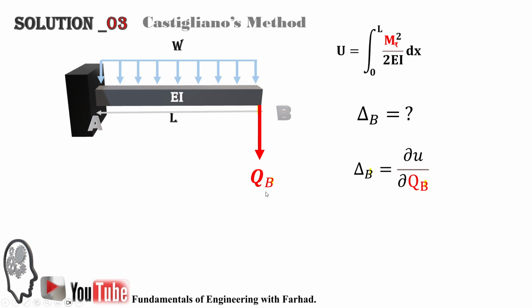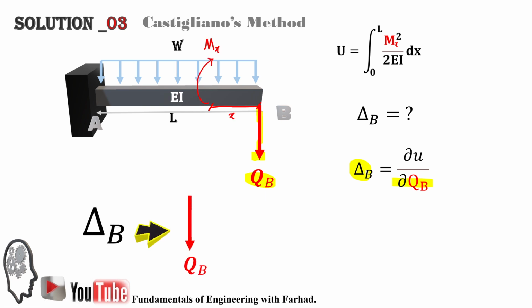For Q sub B, we know that a downward movement is created by a concentrated load like Q sub B, which creates delta B.